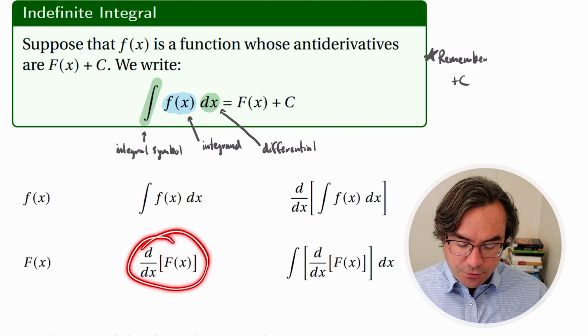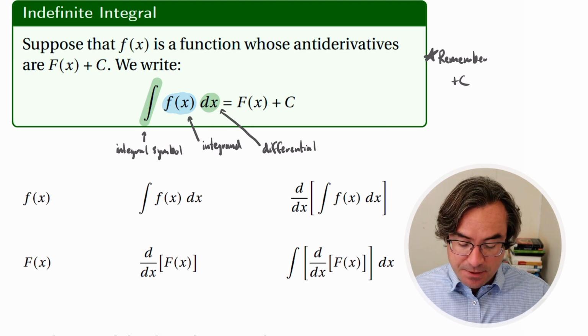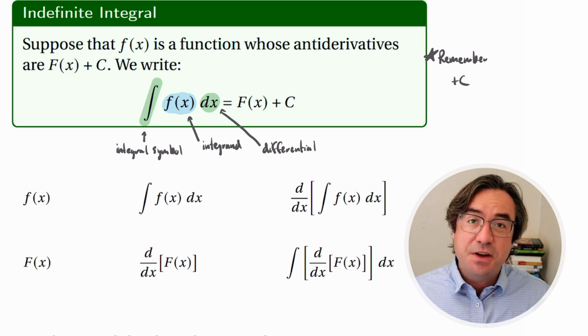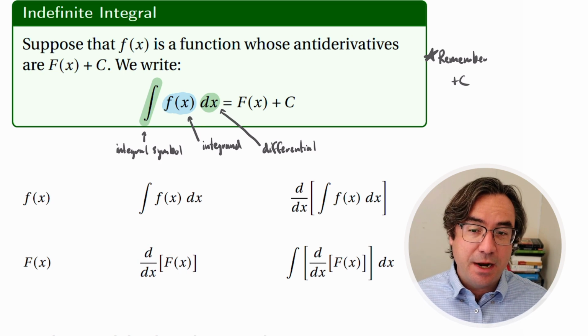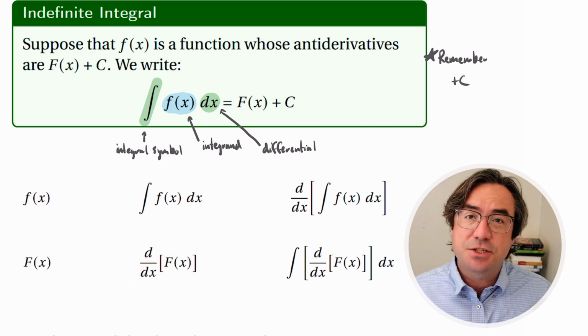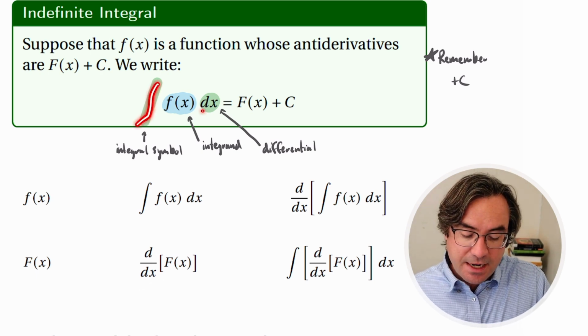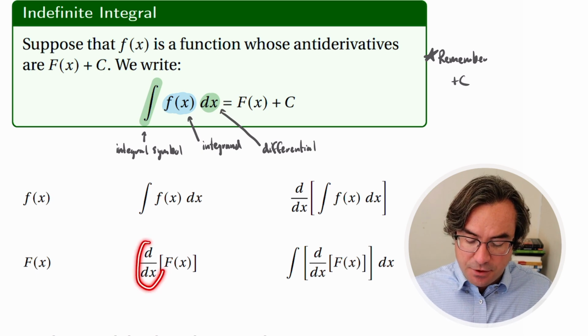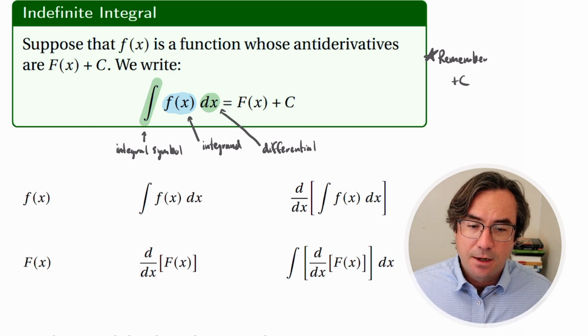When we looked at derivatives, this was one of the versions of our differentiation notation. The d means find the derivative of the function inside the brackets, and the dx means with respect to x. So for right now, you want to think of the integral sign and the dx as notation telling us something similar to what the d dx notation says.